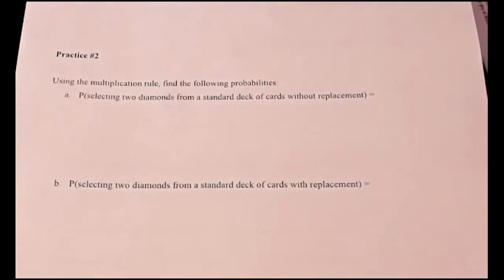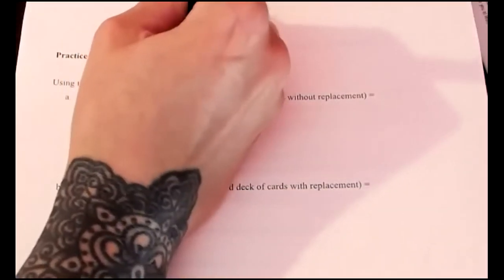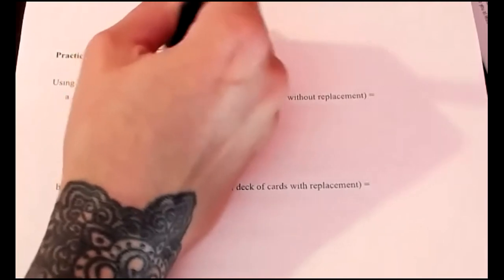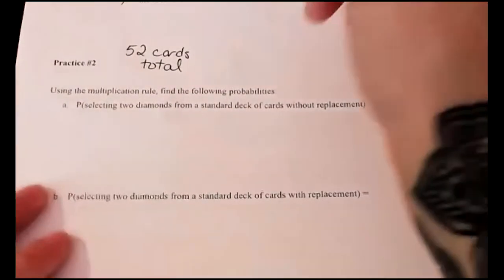So bear with me. What I think is going to be helpful, especially for those of you who are not familiar with a standard deck of cards, is that I'm going to write a few notes. The first thing is that there are 52 cards total. Okay. There are 4 suits.